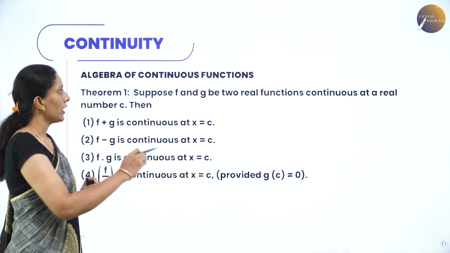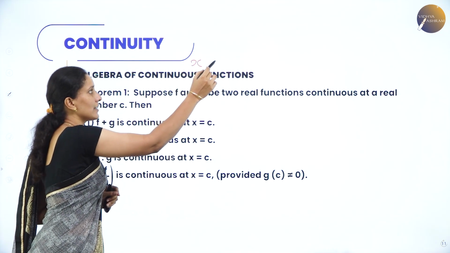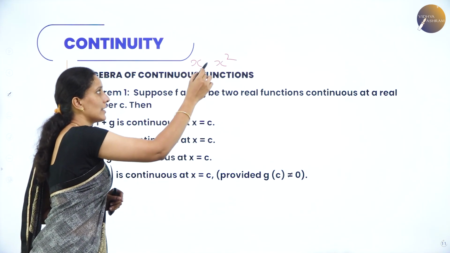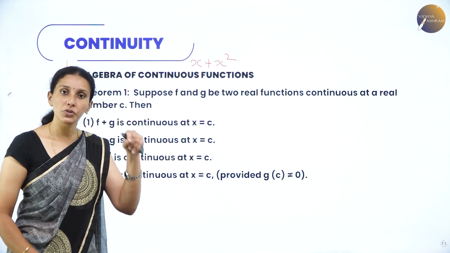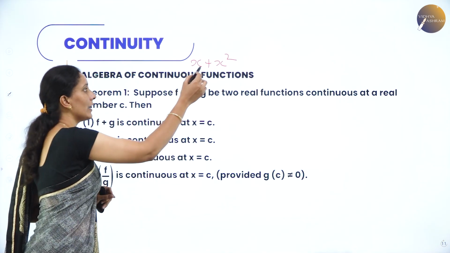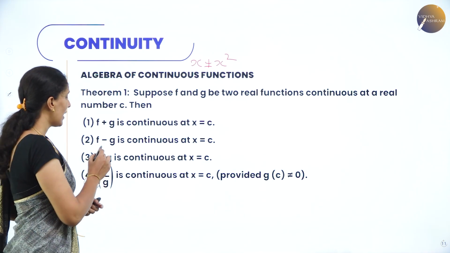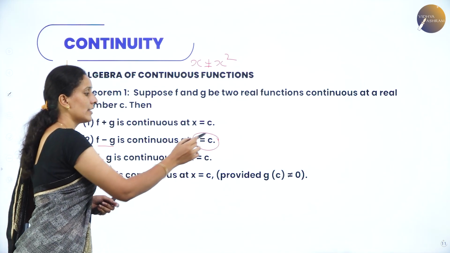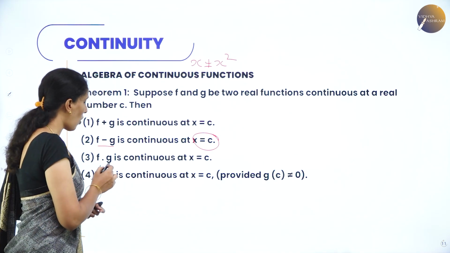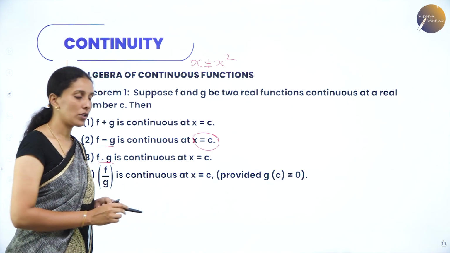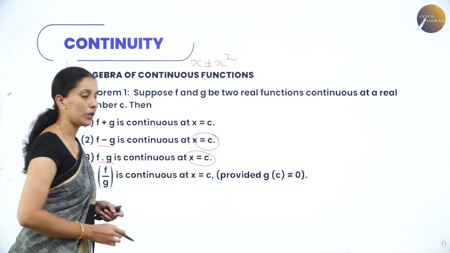For example, if we have x continuous as well as x square continuous, then x plus x square is also a continuous function. Similarly, x minus x square is also a continuous function. That is, f minus g is also continuous at the given point. And the product f dot g is also continuous at x is equal to c.